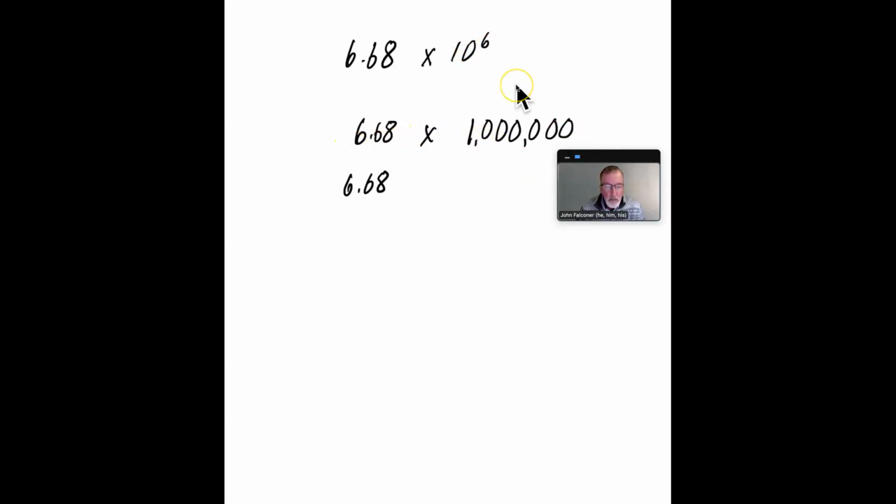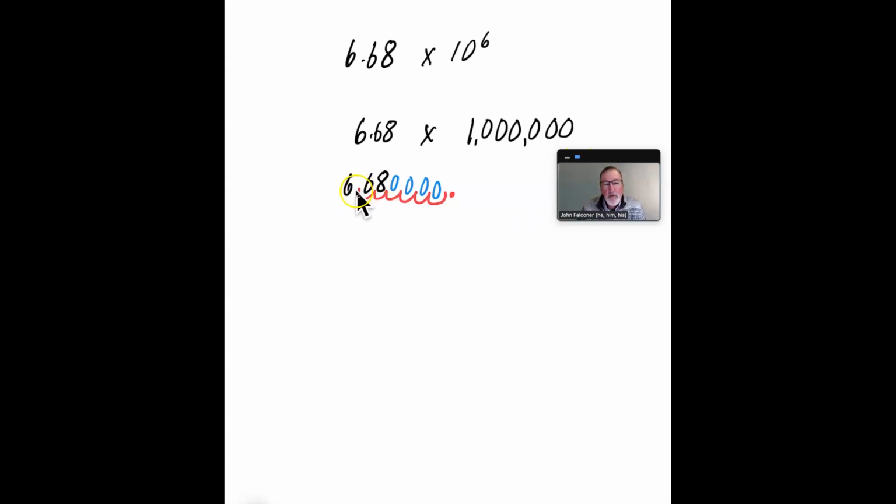So we start at the decimal point here, and we're going to go 1, 2, 3, 4, 5, 6. So the decimal point will now be in this position, and then we need to add zeros as placeholders. So we need 1, 2, 3, 4. We need one in each place.